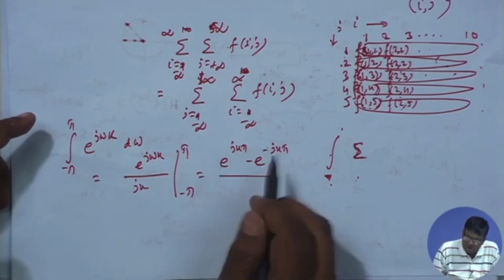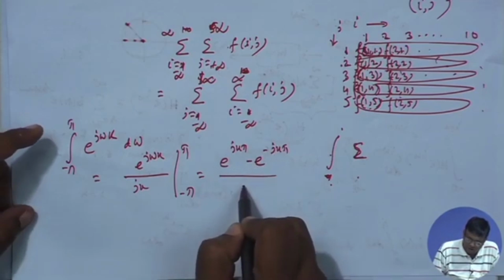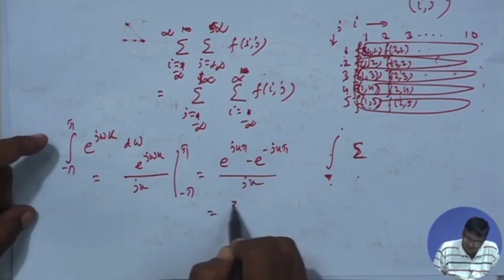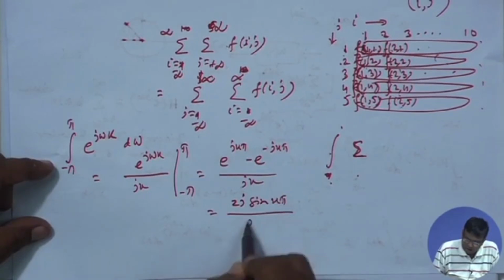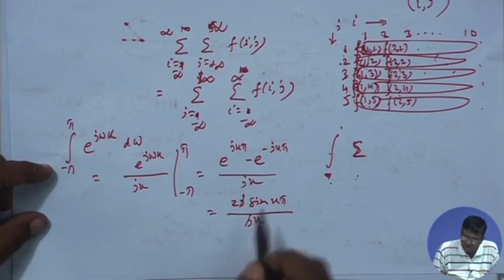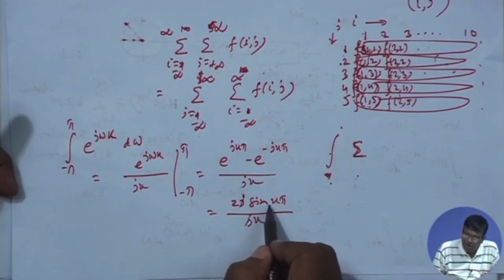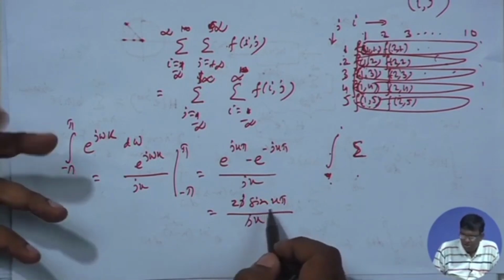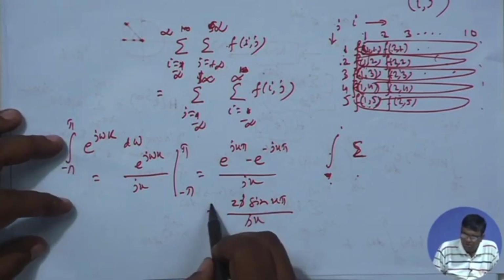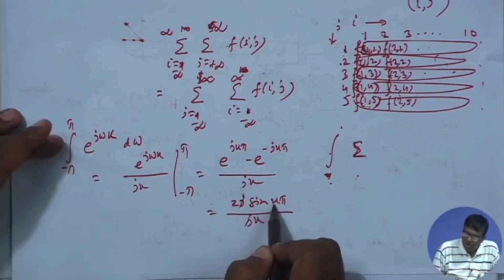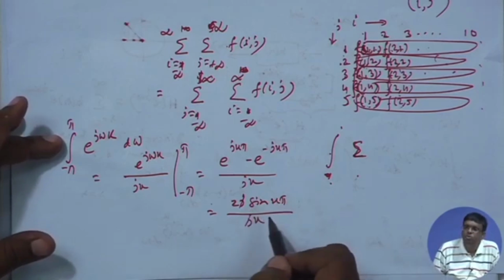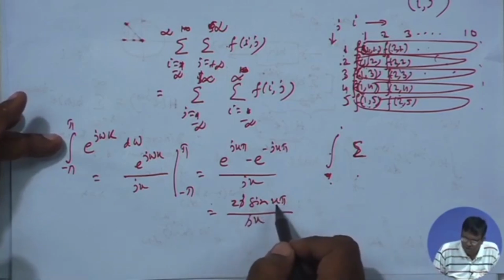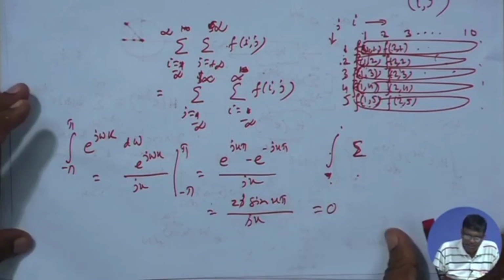E to the power j theta minus e to the power minus j theta. So, 2j sin k pi by jk, j and j cancel. But what is sin k pi? K is an integer, positive or negative does not matter. If it is negative the minus will go out, and it could be even or odd. But sin of an even number times pi or an odd number times pi is always 0. Sin pi is 0, sin 2 pi is 0, sin 3 pi is 0, sin 4 pi is 0. So, this is always 0 for any k.